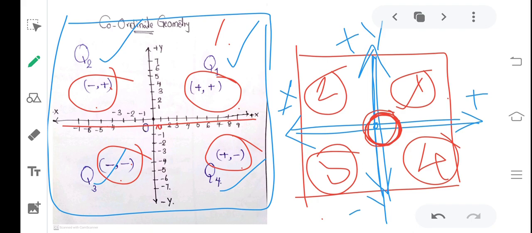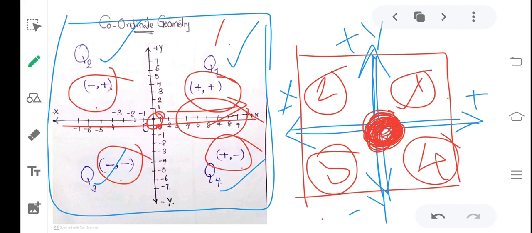Positive x is from 0, where the origin is, the starting point. Origin is nothing but the starting point. That means from 0 to positive: plus 1, plus 2, plus 3, plus 4, like this. This is the positive x.